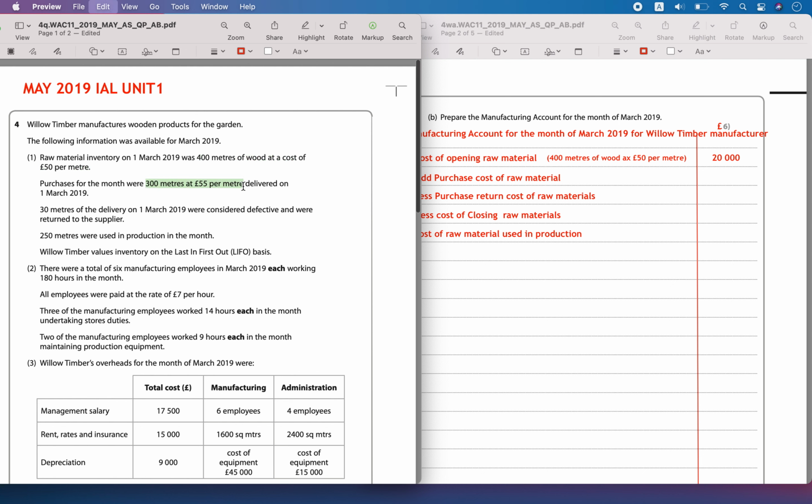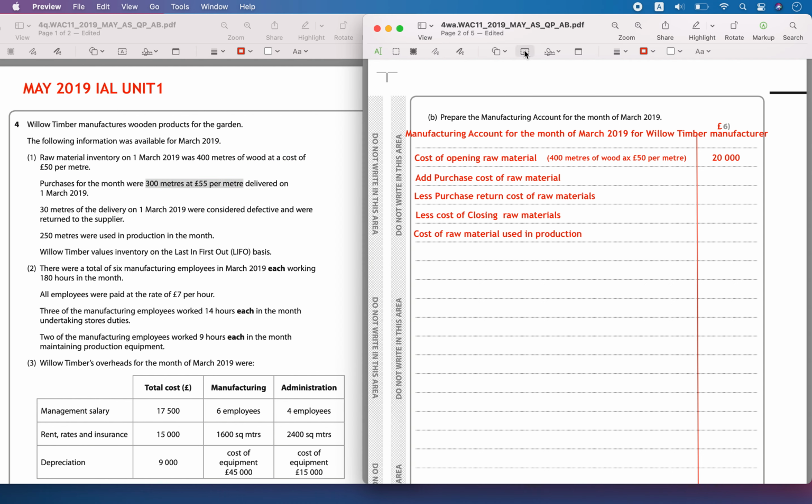So this was what was purchased. 300 meters into 55 pounds, the total cost becomes 16,500. Let's write it here.